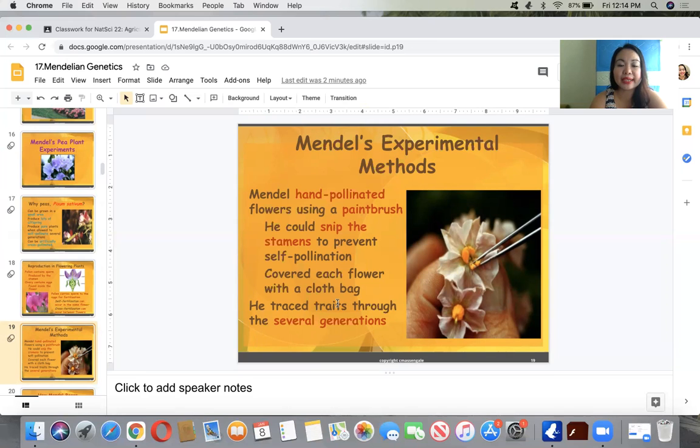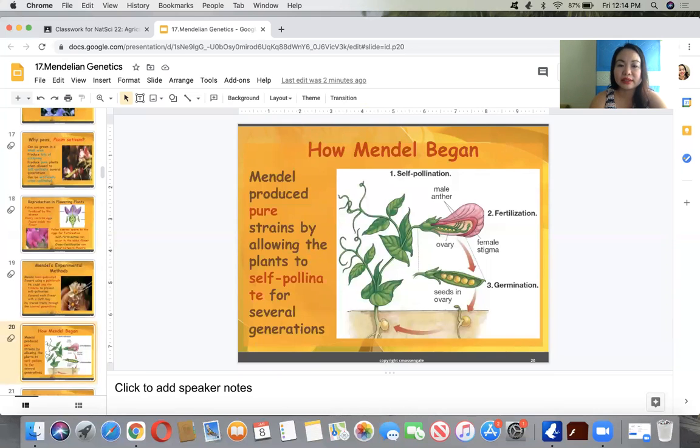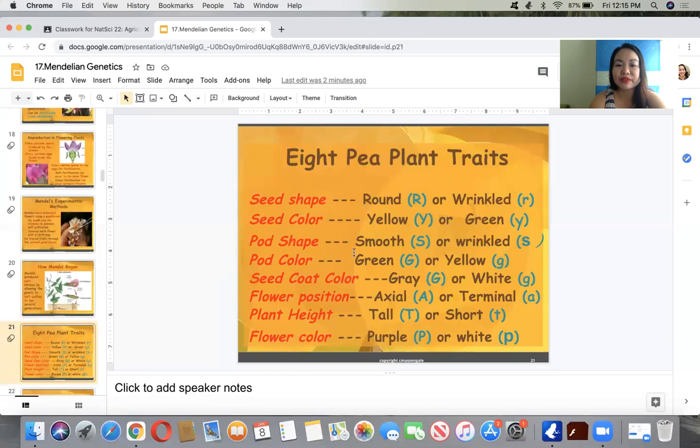He traced the traits through several generations. Mendel produced pure strains by allowing plants to self-pollinate for several generations, as shown in the figure. And then there were 8 pea plant traits that were studied.